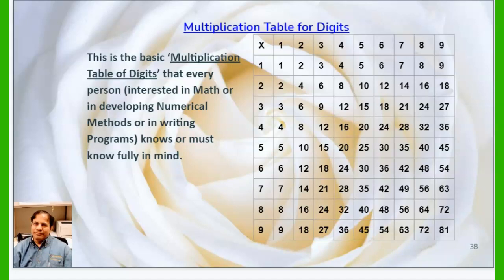Same thing for 3: 3 times 1 is 3, 3 times 2 is 6, and so on up to 3 times 9 is 27. We can do this up to table 9: 9 times 1 is 9, 9 times 2 is 18, and so on up to 9 times 9 is 81. I repeat, one must memorize this table in order for successful multiplication of integers.